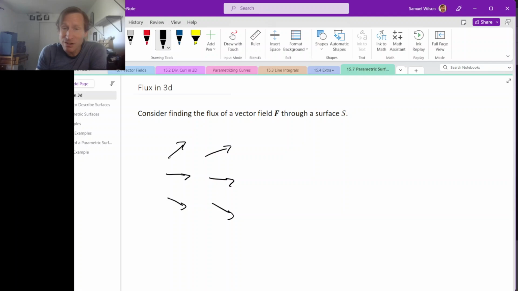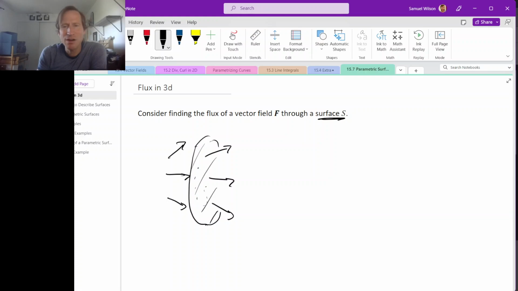But what we can do is imagine the flux of a vector field across a surface. So imagine having some sort of circular membrane stretched around a loop like this. We could ask for every point on this surface, how much does each vector in the vector field point across that surface?